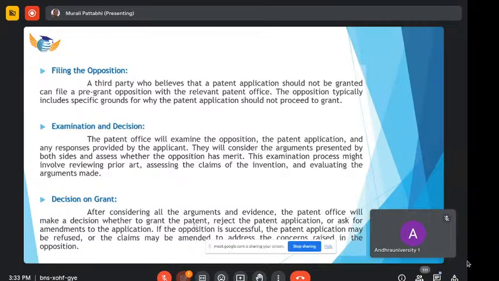Based on the arguments, he would ask both of them to submit written submissions of those arguments, and based on that he will take a decision whether to allow that pre-grant opposition or to reject it.